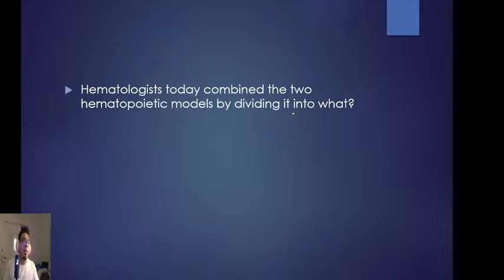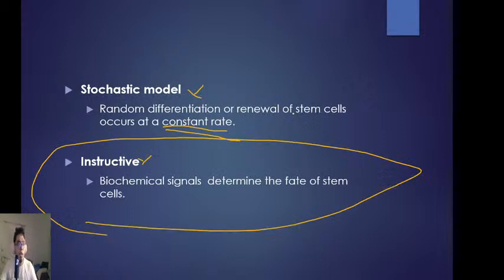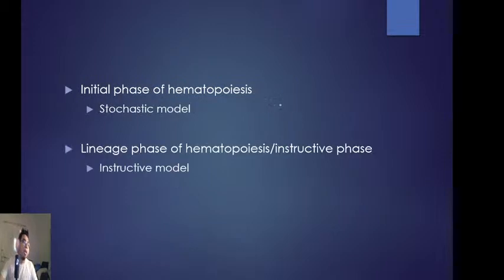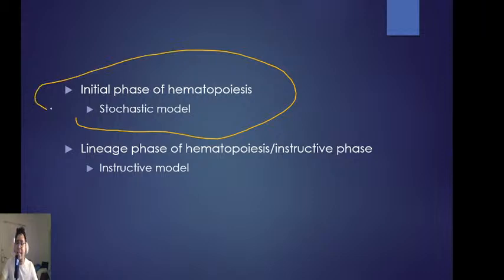Now, let's move on to what hematologists do today. Hematologists today combine the two models, dividing hematopoiesis into the initial phase and the lineage phase using these two models. All right? Now, the initial phase of hematopoiesis uses the stochastic model. What do I mean by the initial phase?